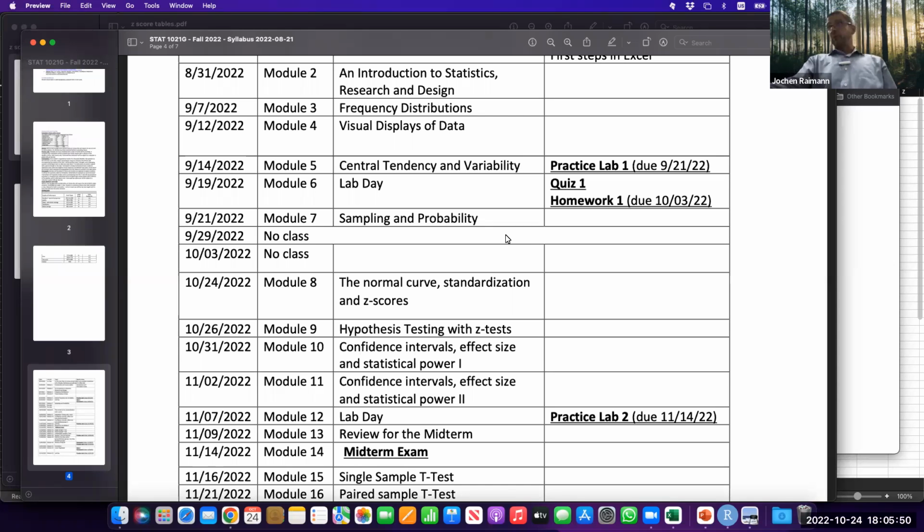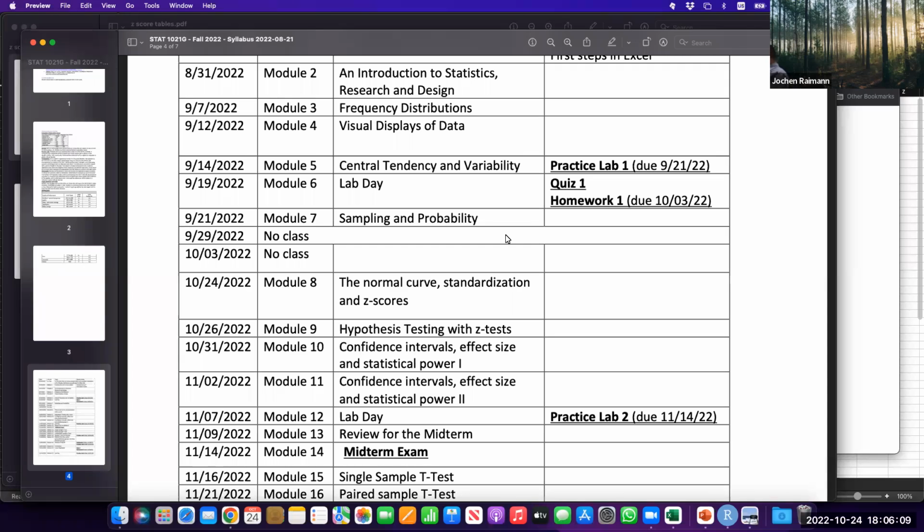So the midterm is on the 14th. We cover chapters 1 to 9, I believe. Confidence interval is chapter 9. From now on, we will talk today about normal curves, standard deviation and z-scores, then do hypothesis testing on Wednesday.